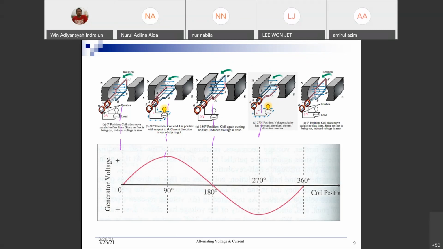Okay, this is the cycle. If you see here, once it rotates from here to here, look at the rotation of the coil, look at the shape. It rotates 90 degrees anti-clockwise, to the left.